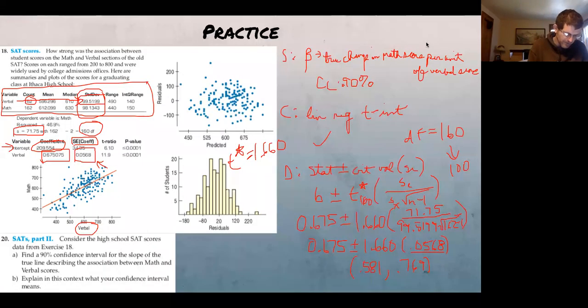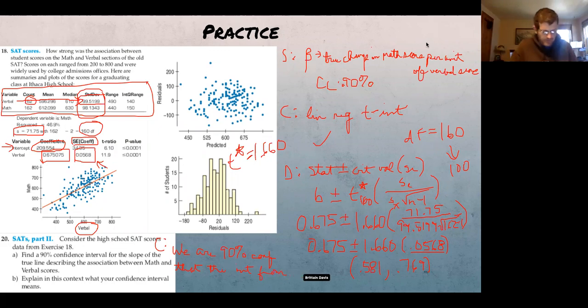I could squeeze it in, but I'll just get it started. For the last little bit with the conclude, I would say we are 90% confident that the interval, from, let's put dot, dot, dot at this point, from 0.581 to 0.769 captures the true change in math score per unit verbal score.